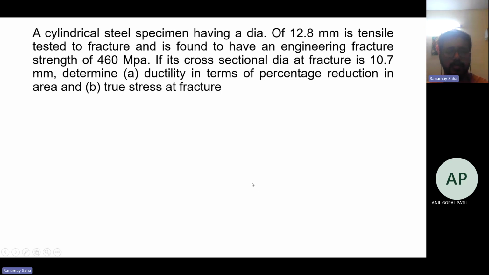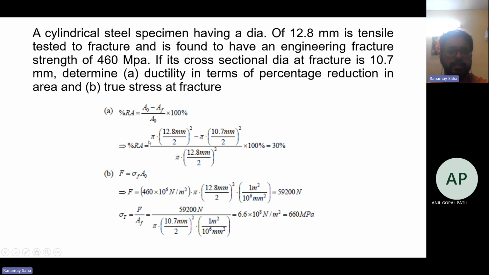I hope you have tried. The solution is very easy. With the final dimension of 10.7 and the initial dimension of 12.8 before being fractured, taking initial minus final by initial, the reduction in area becomes 30%.